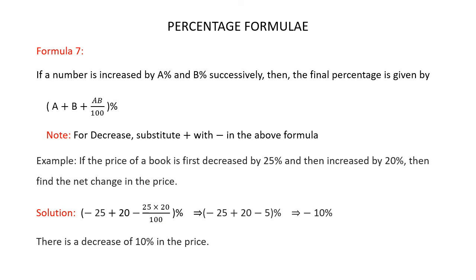You can cancel 5 and 25 and you will get 5 in the numerator. So net change is equal to minus 25 plus 20 minus 5%, which is nothing but minus 10%. So the net change is a negative value. This means that there is a decrease of 10% in the price.